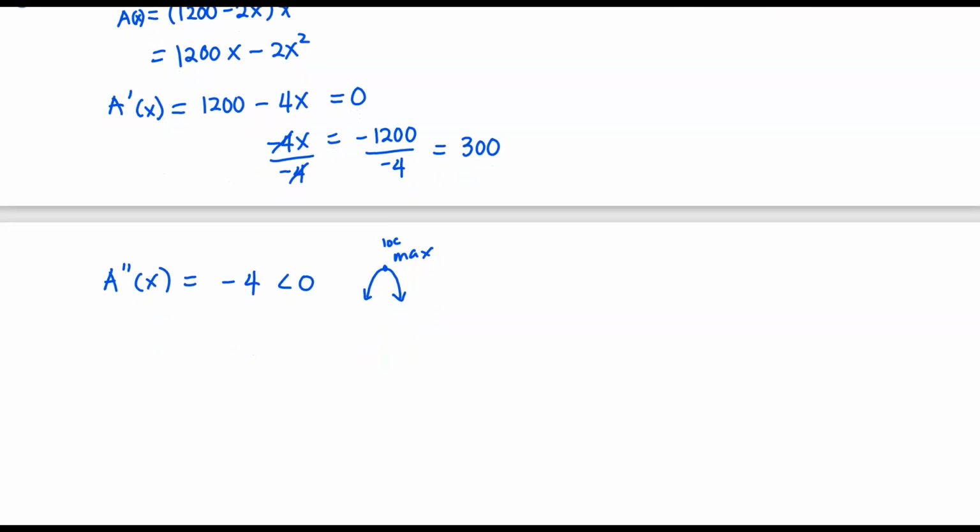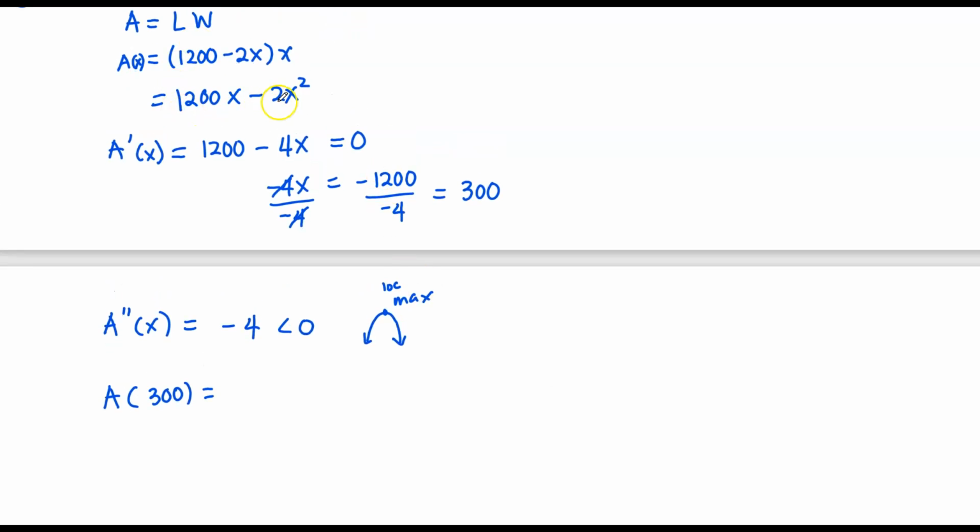So this x here would lead you to a maximum area. Now, to find the maximum area, you're just going to plug in 300 to the equation for the area. The equation for the area is given by this. So you have 1,200 minus 2 times 300, times 300. Or you could plug it in by using this equation here.